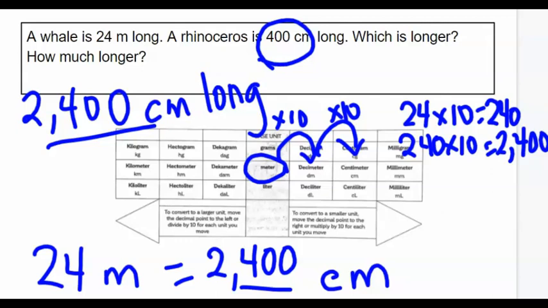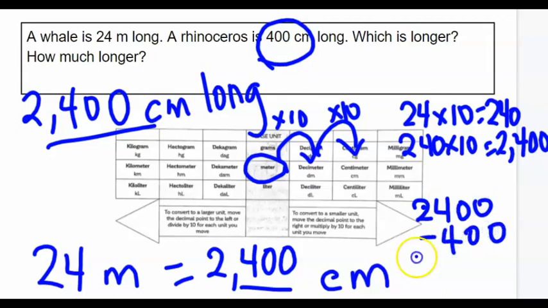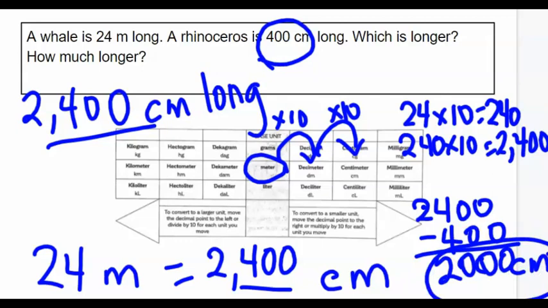If a whale is 2,400 centimeters long and a rhinoceros is 400 centimeters long, how can I tell the difference? Well, I could subtract them. And the difference between them is 2,000 centimeters. The whale is 2,000 centimeters longer than the rhinoceros.